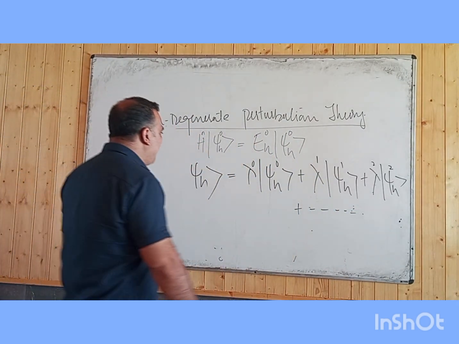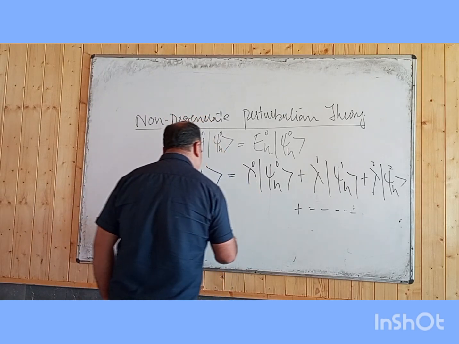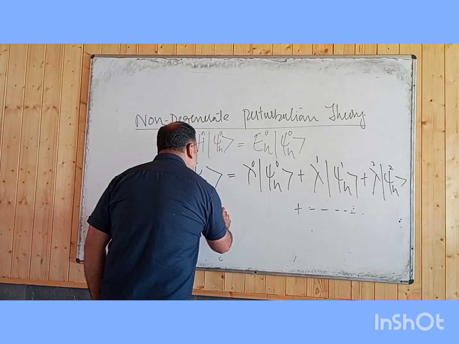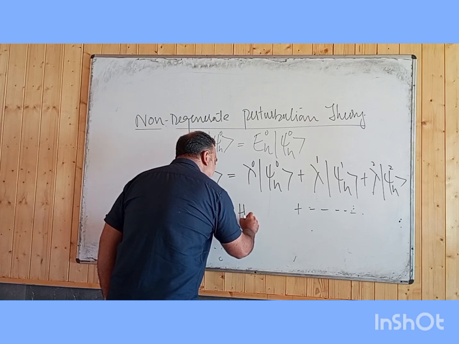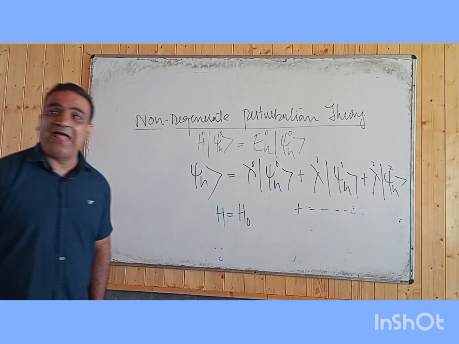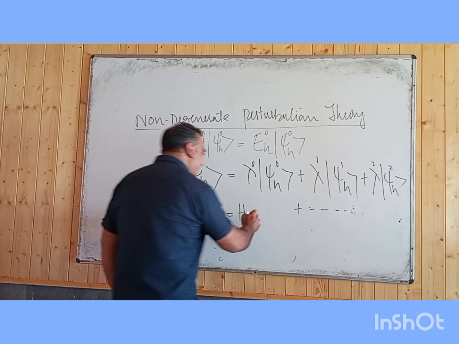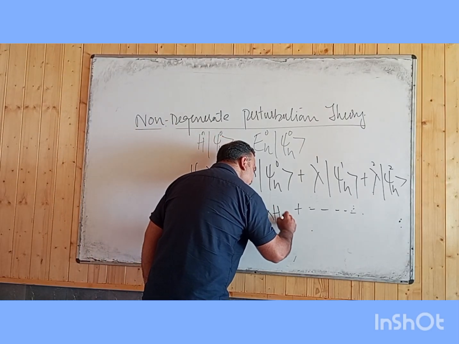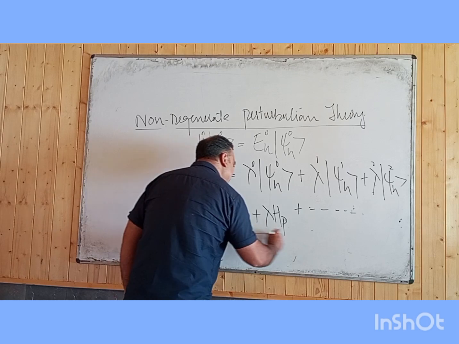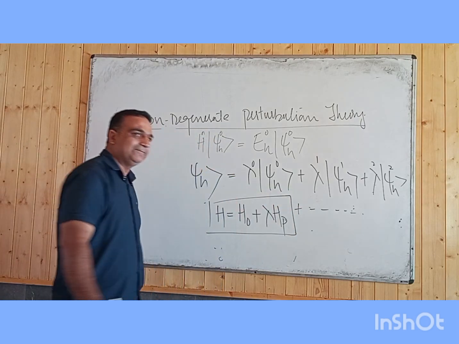Alright? With this lambda that we have chosen here, now if I have a Hamiltonian, this Hamiltonian has an unperturbed Hamiltonian, and we add a perturbation term to this unperturbed Hamiltonian.